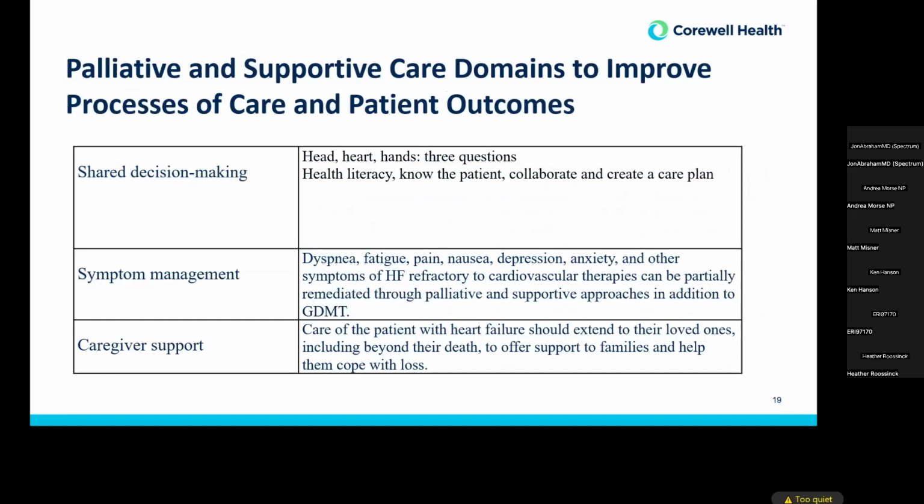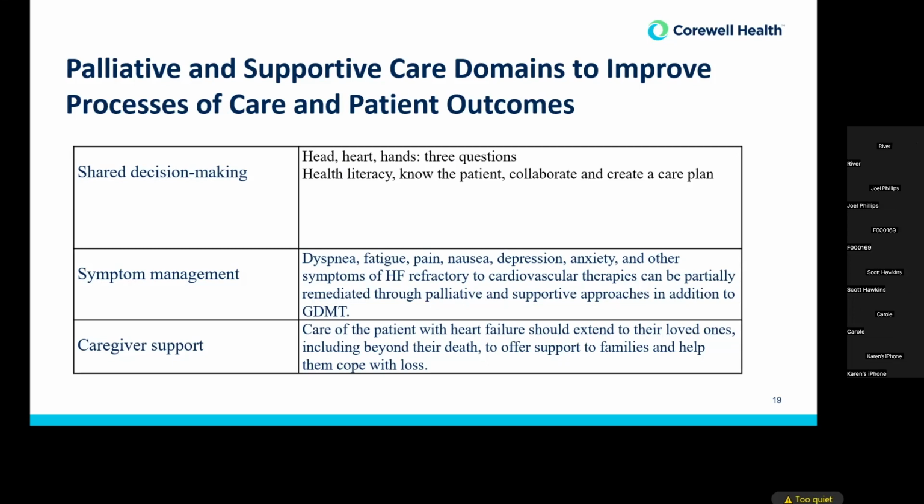So, in summary, we do the shared decision making. It's what we do. We do it all the time. We use the head, heart, hands model with the 3 questions, really focusing on the health literacy piece, helping patients understand what heart failure is, how there is no cure. Heart failure has actually poorer prognosis than some malignancies.